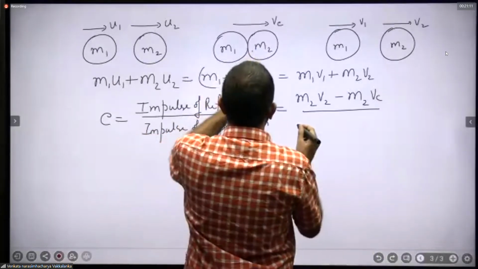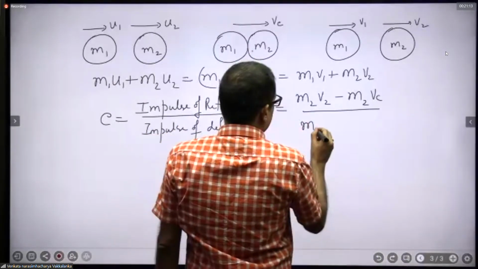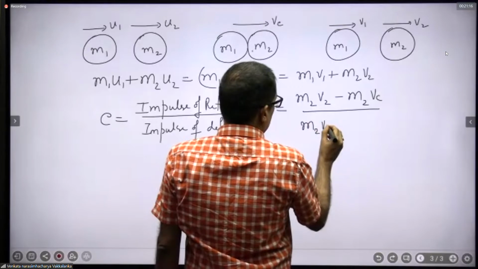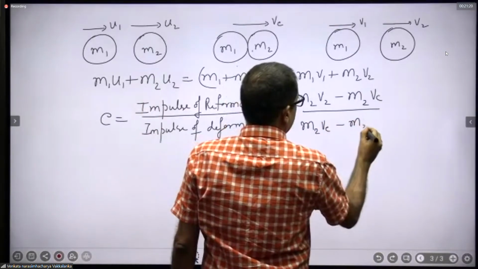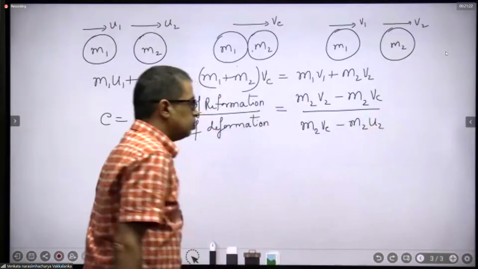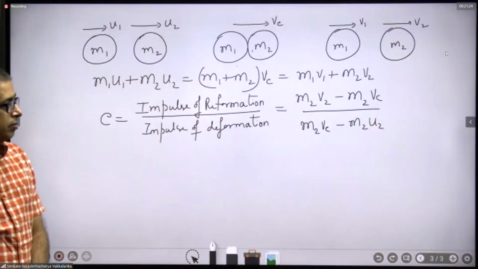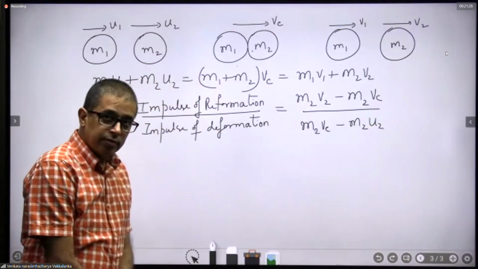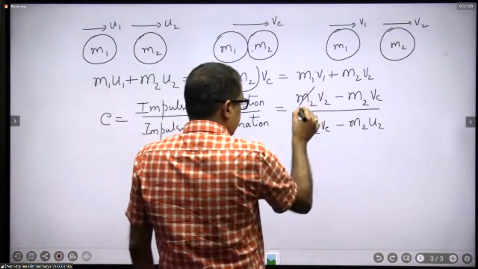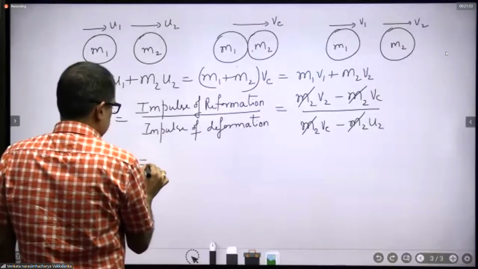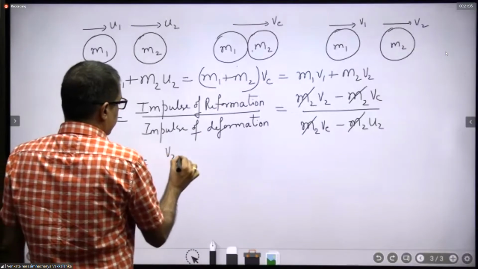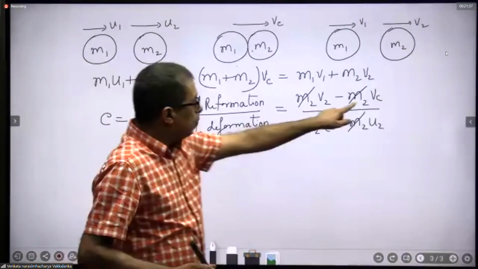For deformation, it is M2 V common minus M2 U. Agree? Yes, sir. The M2 cancels on both sides, giving V2 minus V common.